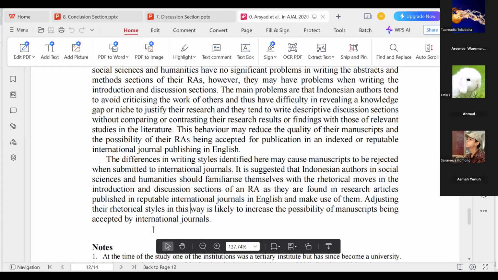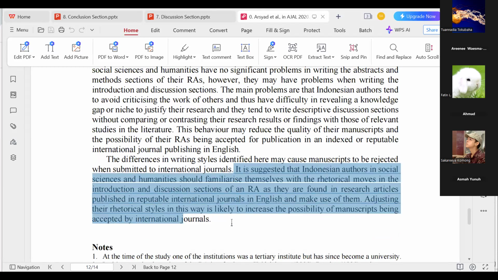Adjusting their rhetorical styles in this way is likely to increase the possibility of their manuscripts being accepted by international journals. So this is the suggestion, the pedagogic implication of the study.